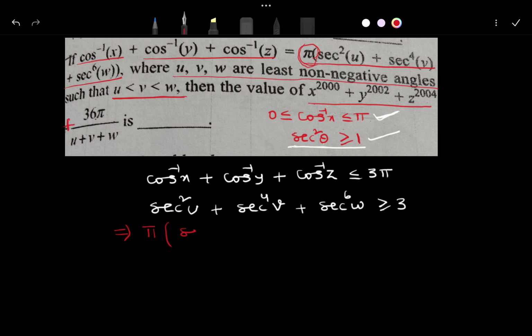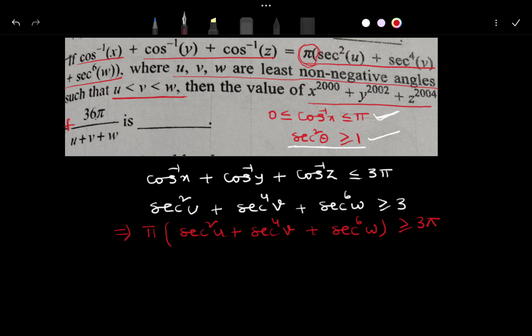pi into secant square u plus secant v whole to the power of 4 plus secant w whole to the power of 6 is greater than or equal to what? 3 pi. So now here in the question, LHS and RHS should be equal only for 3 pi.